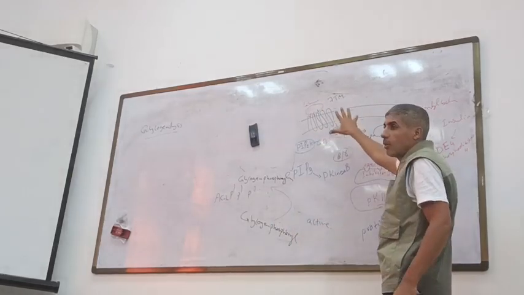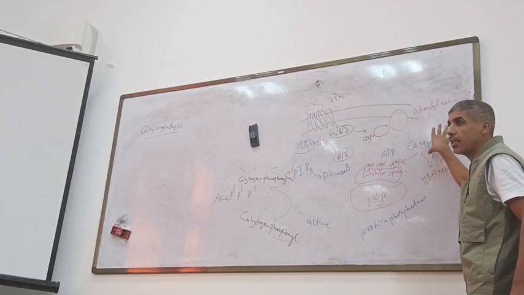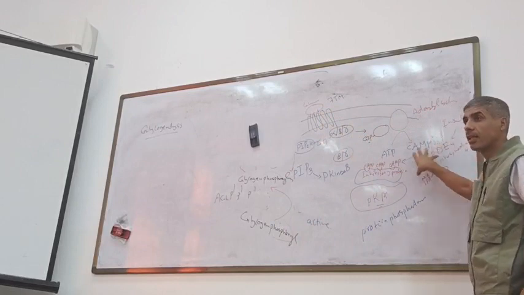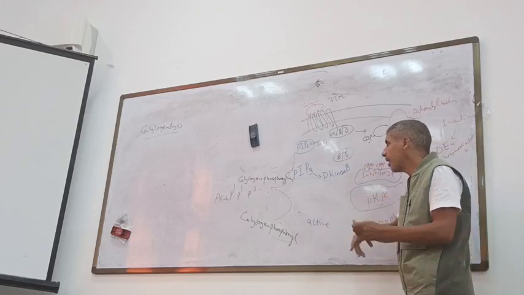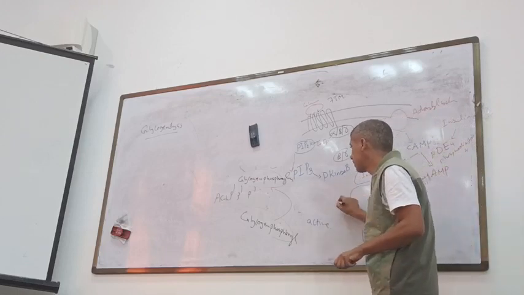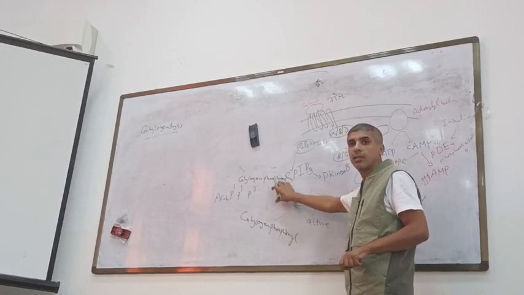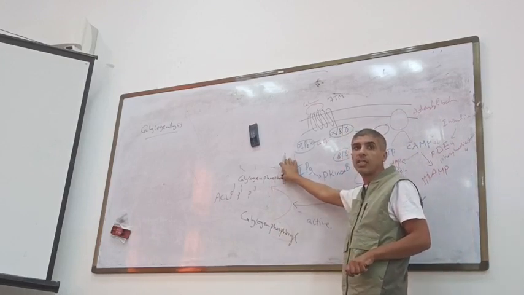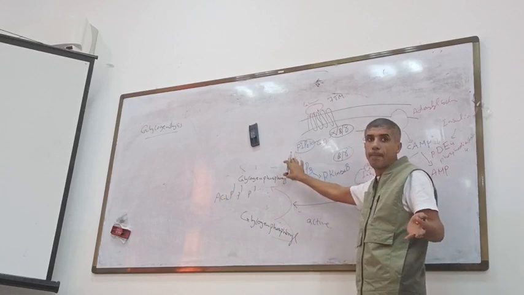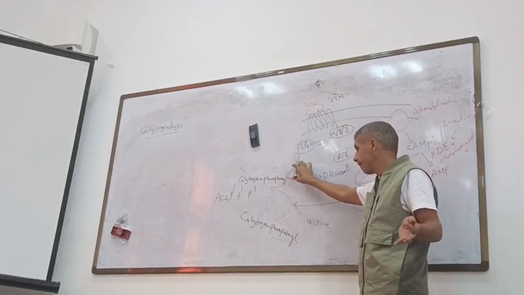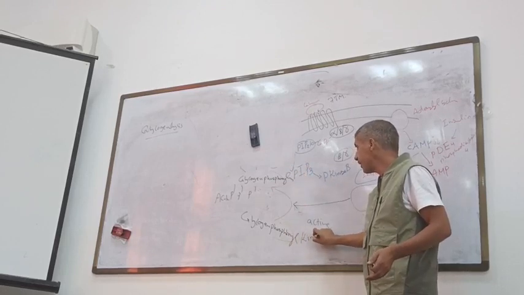So, glucagon causes elevation of cyclic adenosine monophosphate and activation of protein kinase A, which will phosphorylate glycogen phosphorylase kinase.